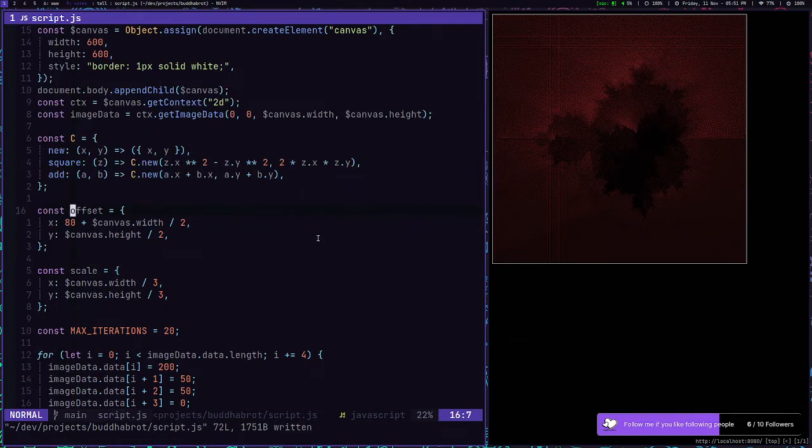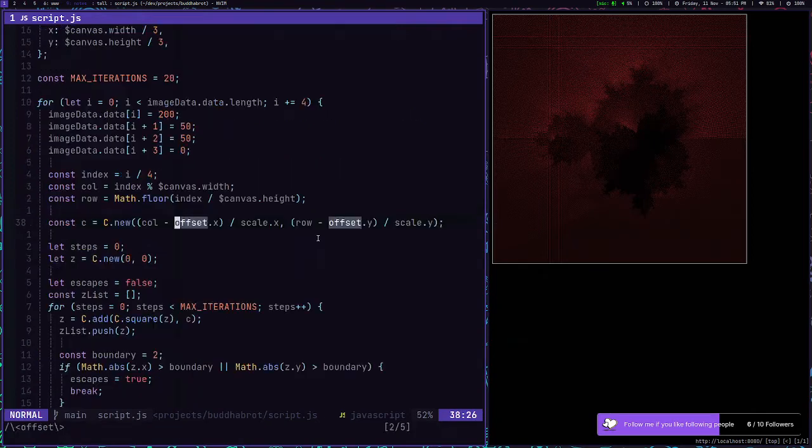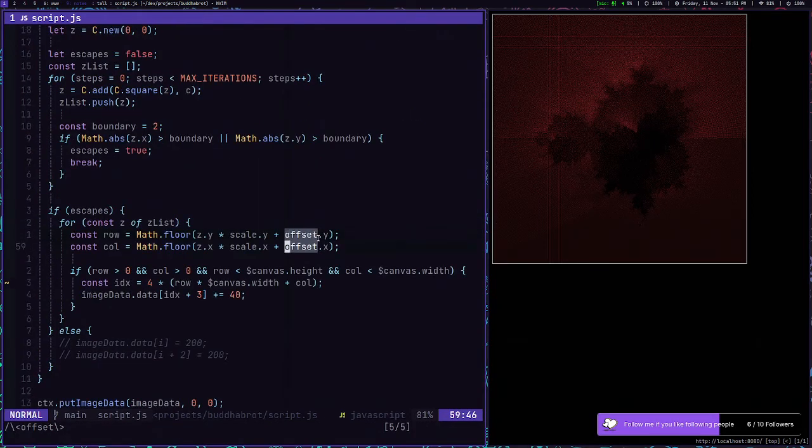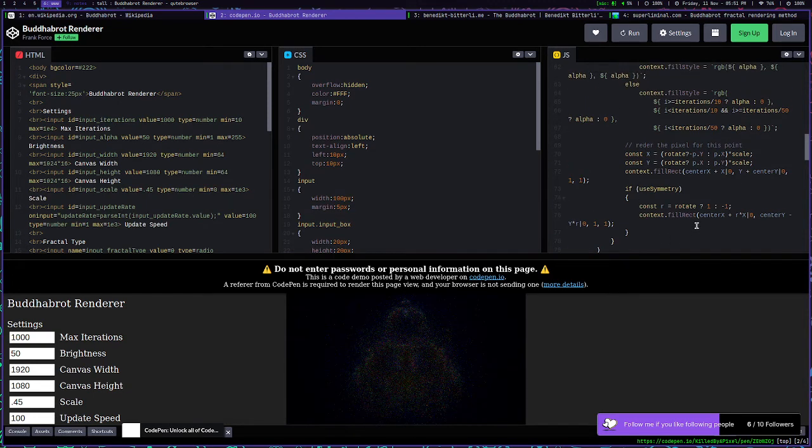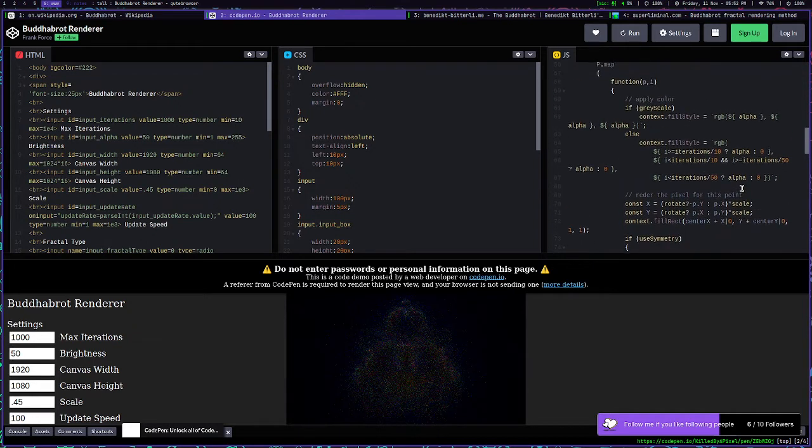So, what do we do here? Offset. Index. Now that doesn't matter. Back to this guy. Rotate, scale, center X plus that guy.